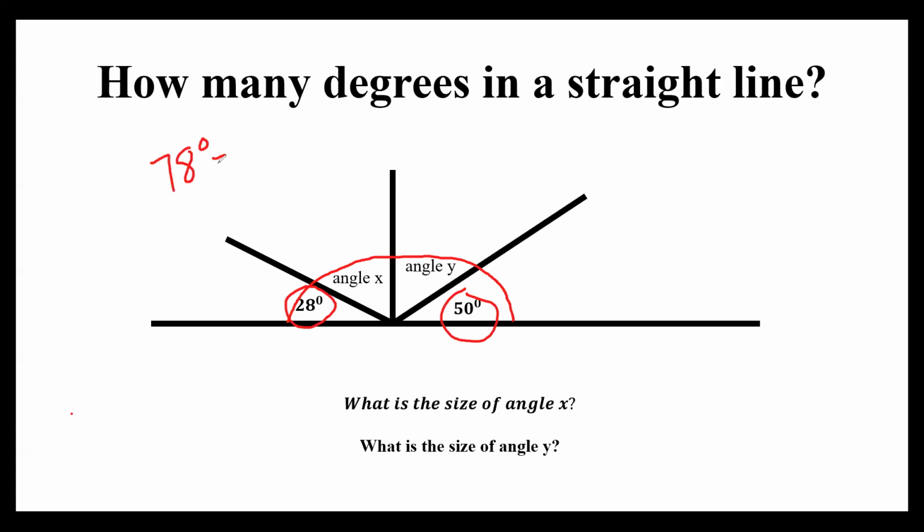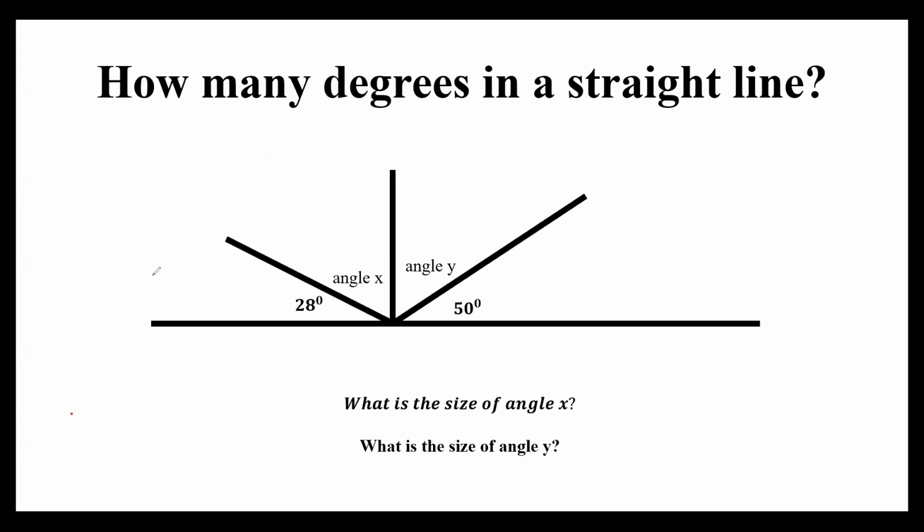So I've got 102 degrees left, but I need to split them between the 2 remaining angles, X and Y. And a couple of you said the answer must be 51 degrees, 51 for this one, and 51 for this one. And that's quite good reasoning, so well done if you said that. But they are not equal in size, so that's not correct, right? So we need to look at it a slightly different way, and you'll be surprised at how straightforward this is.